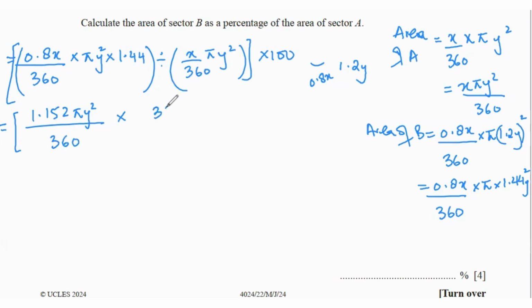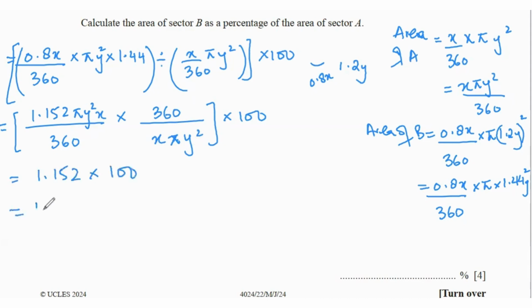So that's going to be 360 over x pi y squared times 100. So as you can see, the pi y squared and x are getting cancelled out. 360 is getting cancelled out. So left with 1.152 times 100. It's basically 115.2%. That is your answer.